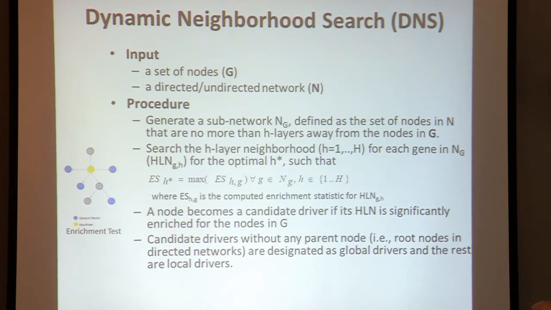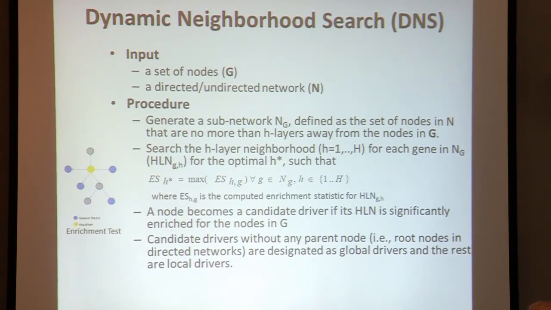So for the dynamic neighborhood search, I call it DNS. You have an input gene list, which we call G, and a network called N. The first step is to generate a subnetwork, NG. You can expand the network surrounding the input gene list, because sometimes the causal network is quite complex, so we want to simplify the problem.